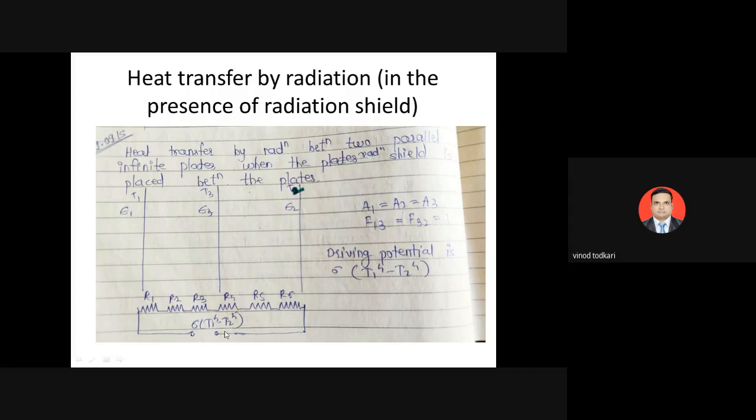Now what will be the driving potential? The energy is ultimately flowing from 1 to 2. So the potential difference because of which this heat is flowing is sigma into bracket T1 raised to 4 minus T2 raised to 4. When this heat is flowing, there are 6 resistances offered to the flow of heat.